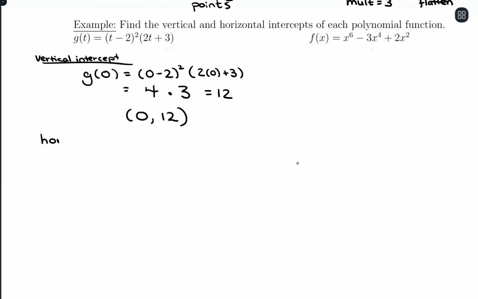Then the horizontal intercepts are just going to take a little bit more work. Not too bad when it's factored, but when we have to do the factoring, there could be a lot of steps. So the horizontal intercept is when our function equals 0. So what I'm doing here is solving 0 equals (t minus 2) squared times (2t plus 3).